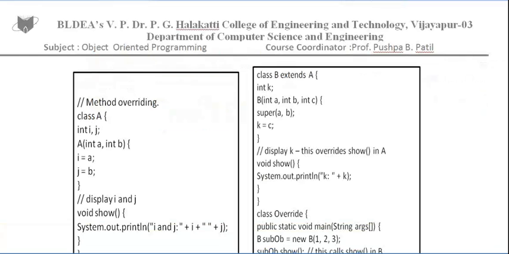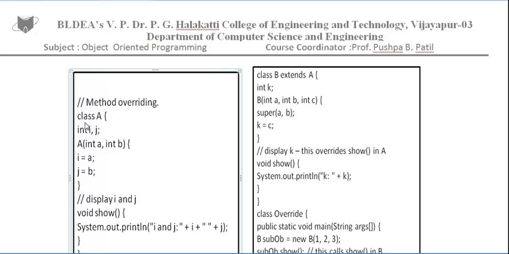Coming to the example, we have two classes here. This is class A, called the superclass, and there is one more class called class B. It derives from class A, or extends class A. In the superclass, there are two instance variables i and j.